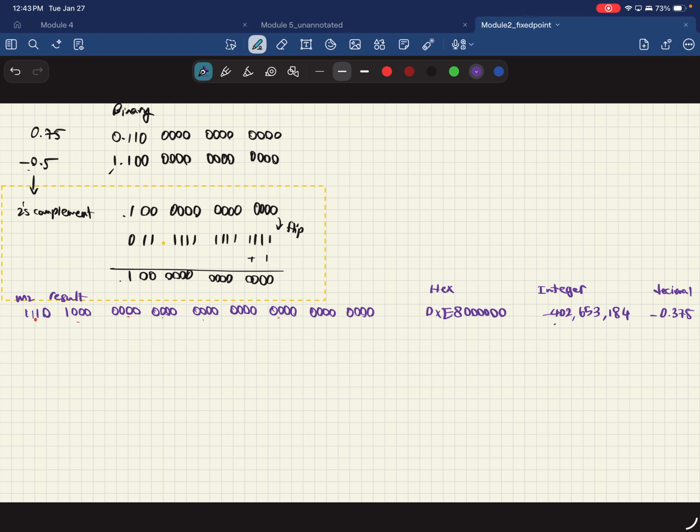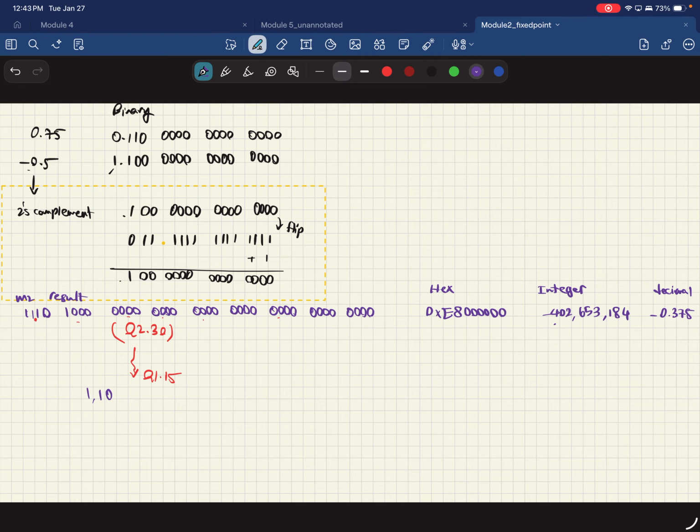We have to convert this to Q1.15, right? So this is in Q2.30. We go to Q1.15. Okay. In this case, what we do, again, we keep the sign. We have to keep the sign. We get 1, and then again, we keep the fractional bits up to 15 bits of it.